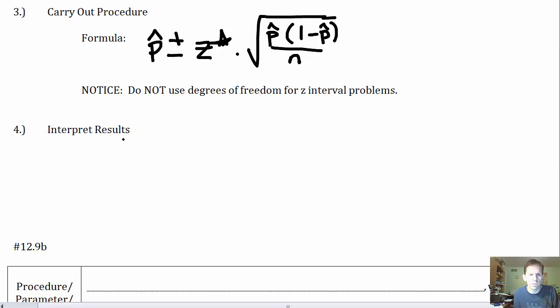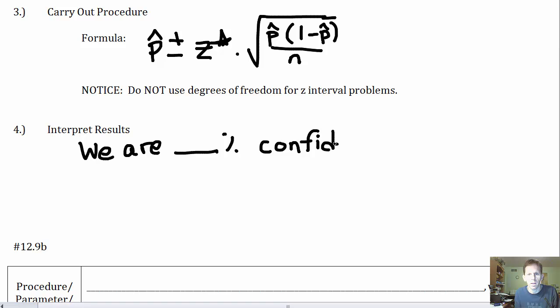When you interpret your results, you know the drill. Whatever your confidence level is, we are blank percent confident that p, we're making an estimate of what the true population proportion is. And then we're going to repeat what p was, basically plagiarizing from step 1.